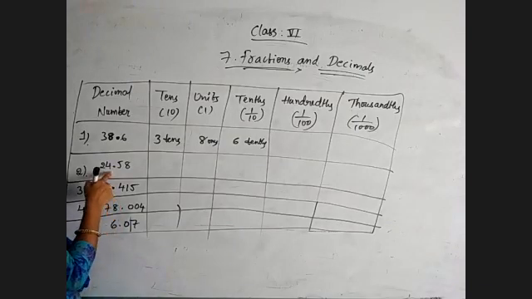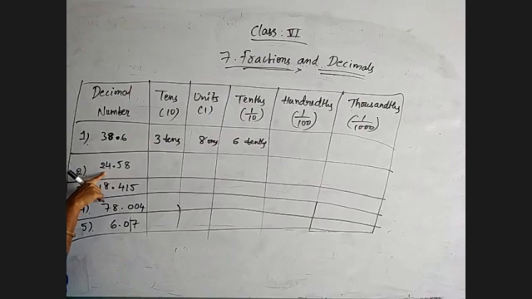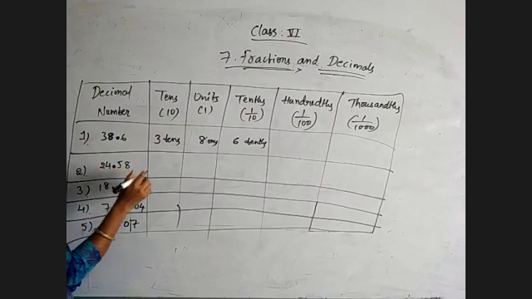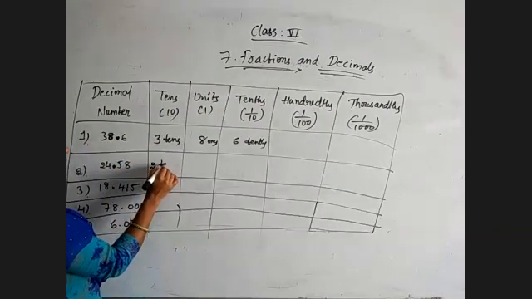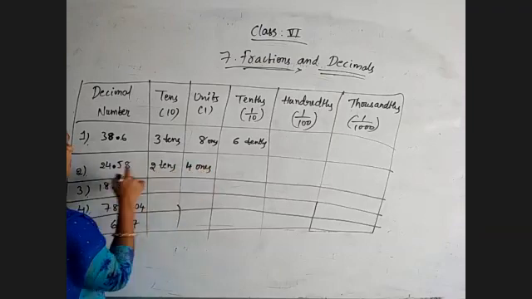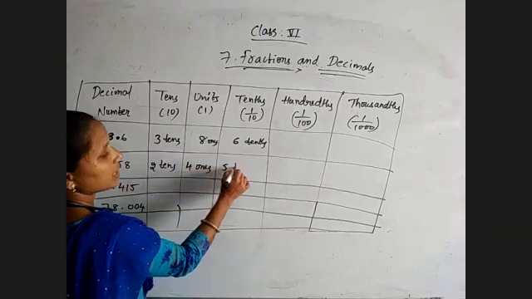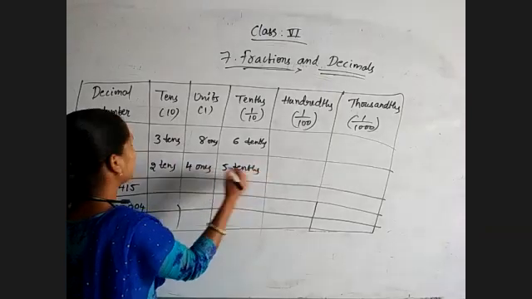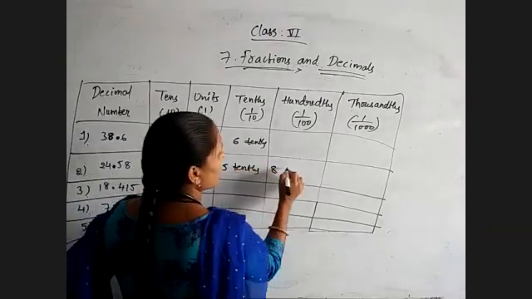Coming to the next number, 24 before the point means tens and ones. After the point, we have 5 and 8 digits, not 58. 5 is in the tenths place, 8 is in the hundredths place. So 2 is in the tens place, 4 is in the ones place, 5 is in the tenths place, and 8 is in the hundredths place.